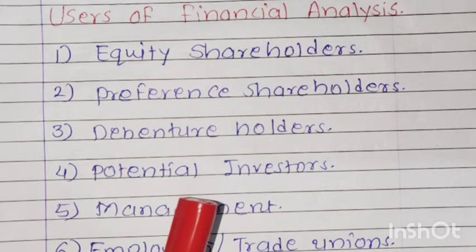Therefore, all the stakeholders can take their appropriate decisions. These analyses are for external purpose, for internal purpose, for short-term decision, for long-term decision, for existing investors and for potential investors.